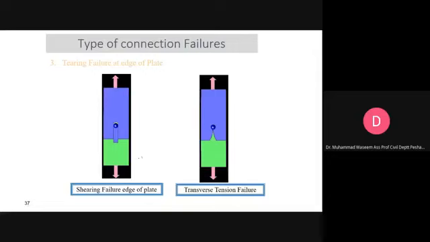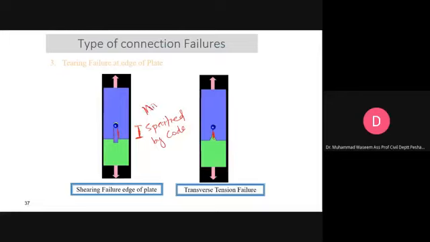This we call shearing failure of the edge of the plate. This can tear. You have tearing failure at the edge of the plate. So this distance should be specified, and this has already been specified by the code, the minimum distance.